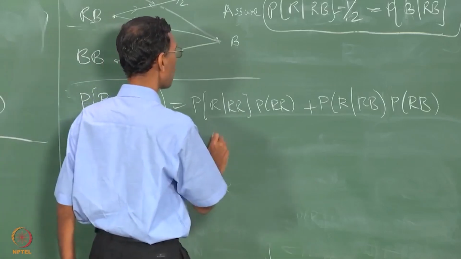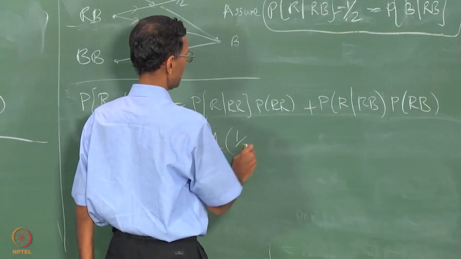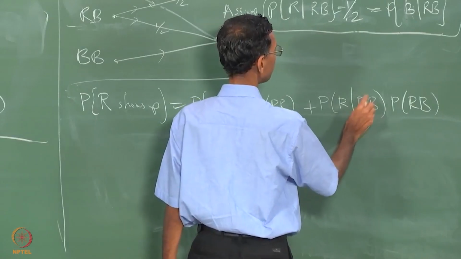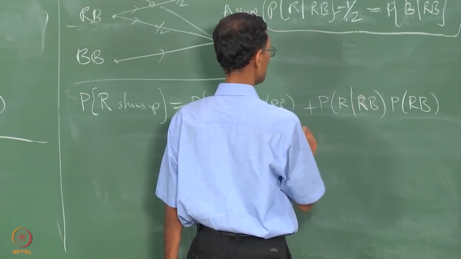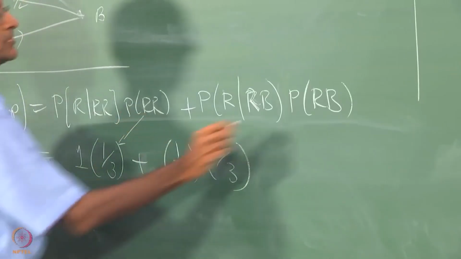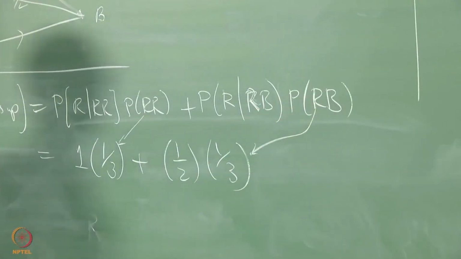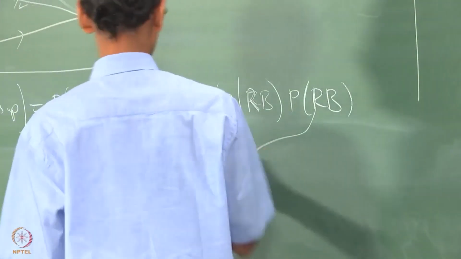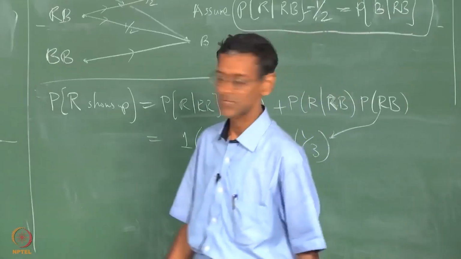So this is basically 1 into 1 by 3 plus this is RB here, this is half into 1 by 3. What is this? Well, it does not matter, you just leave it like this, you do not have to simplify.